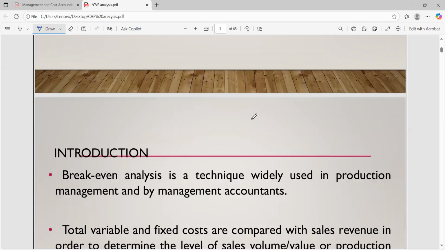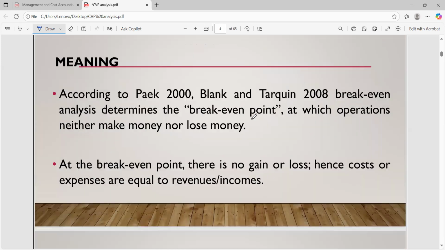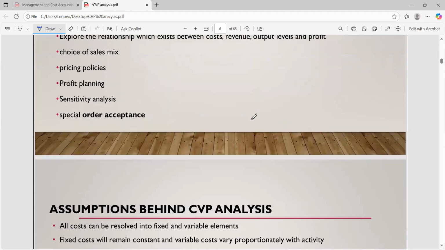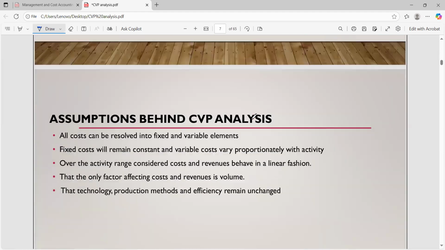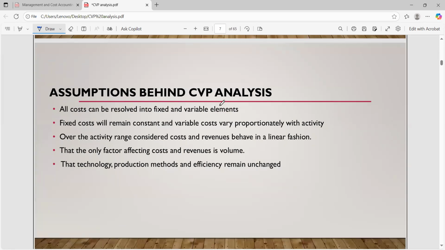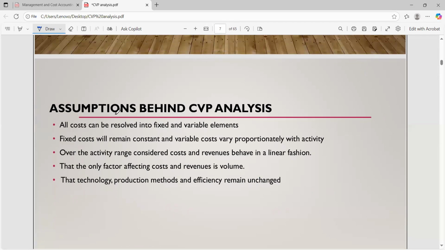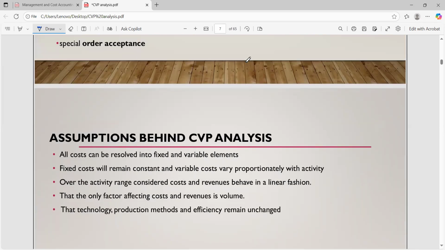Okay. So at the end of this lesson, you should learn a lot from the course. I would skip this assumption, which I would expect you to learn, because one of the years, a question dropped on writing 5 of the assumptions behind the cost volume profit analysis, which states that all costs can be resolved into fixed costs and variable costs, just like we looked at.